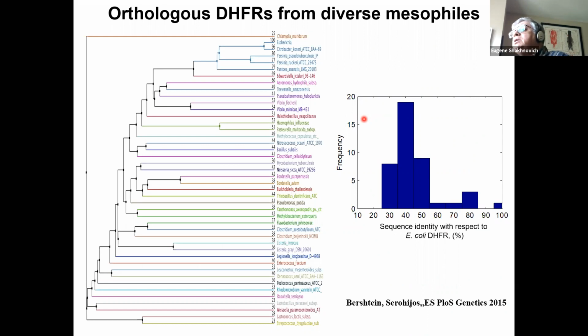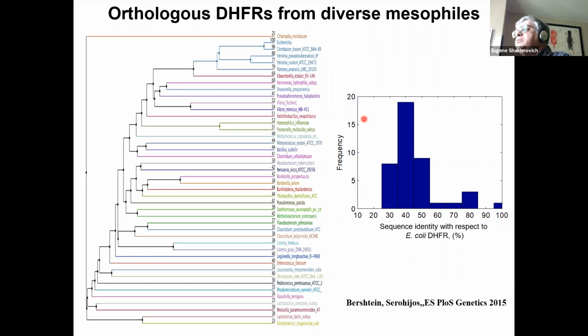And the strategy is, instead of introducing point mutations in the wild type E. coli DHFR, we looked at DHFRs from different sources. Here is shown the genetic tree for DHFR and the distribution of sequence identity with E. coli.